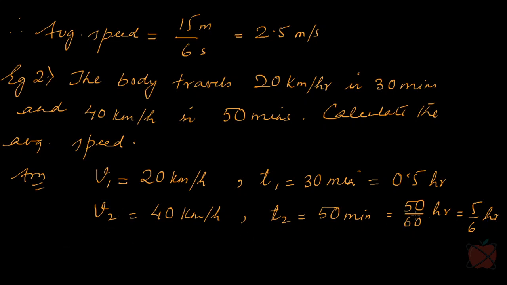So what is the average speed of the body? Let us first find the total distance. Total distance is distance 1 plus distance 2. We know that distance is denoted by s, and s here is v t, velocity into time.